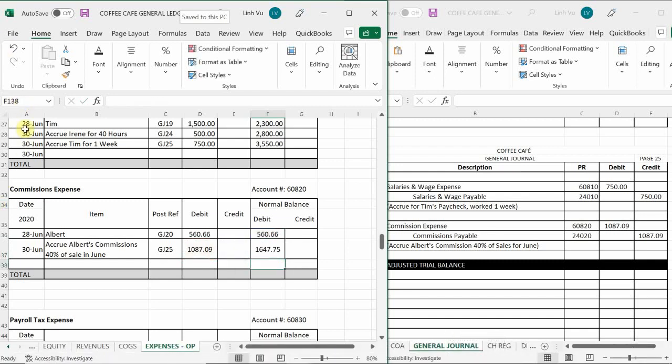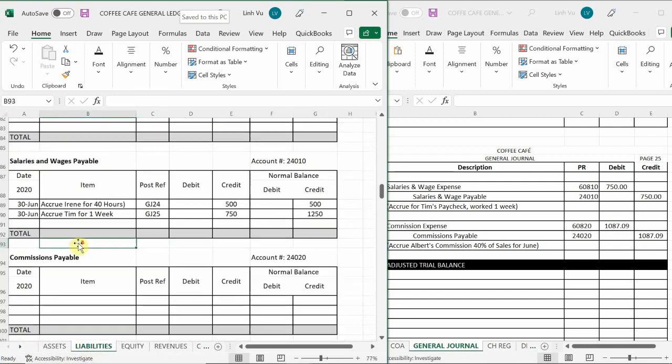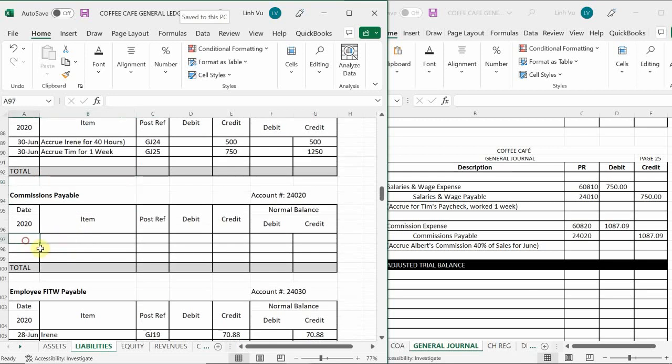Good. And then last but not least, you're going to plug that into your liabilities because you are going to owe Mr. Albert for his commissions.